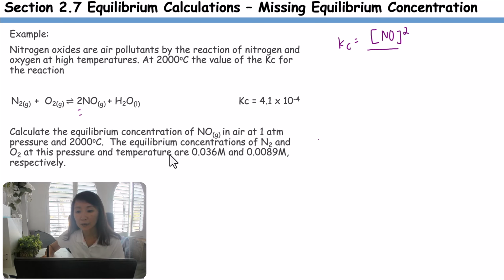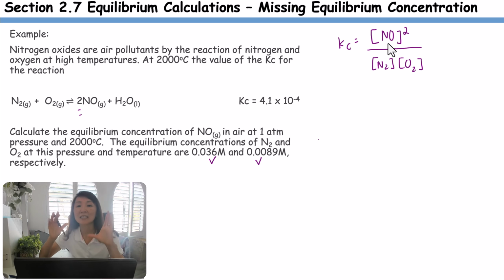Then we have the reactants in the denominator, which are nitrogen and oxygen. So far, so good? Great. Now we have the values for N2 and oxygen at equilibrium. We also have the value for Kc, and we want to know the nitric oxide concentration.